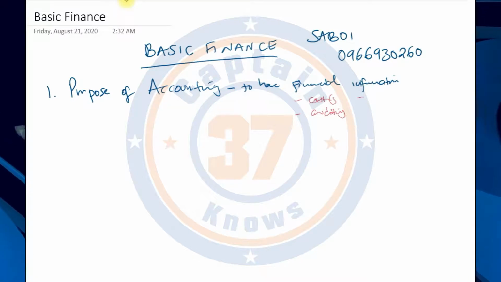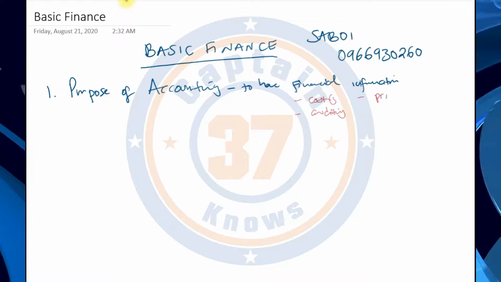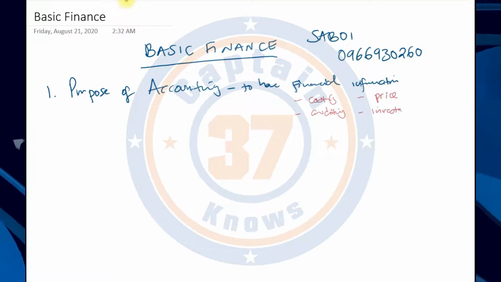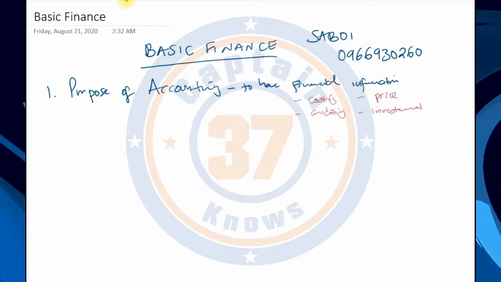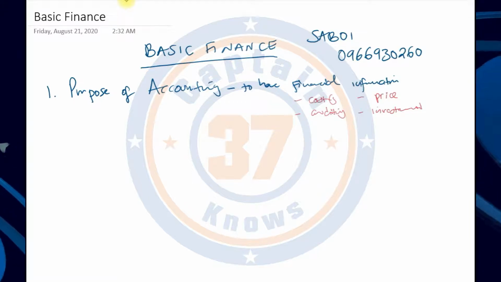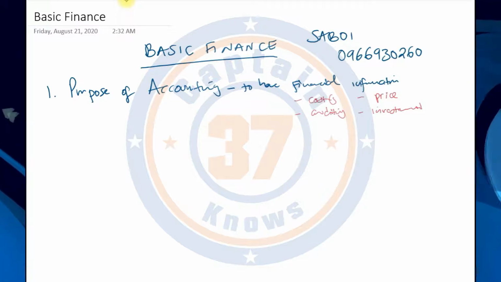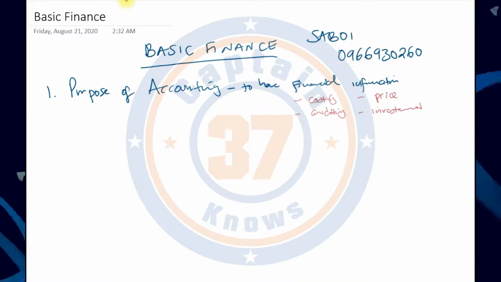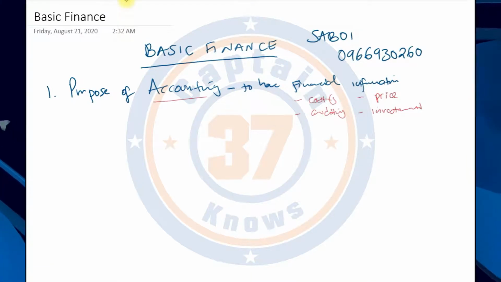Also, it is used to price the products correctly. And also for investments. When someone is investing in a business, they want to look at the financial statements of that business to see how it is performing. This information is provided by the very existence of accounting.